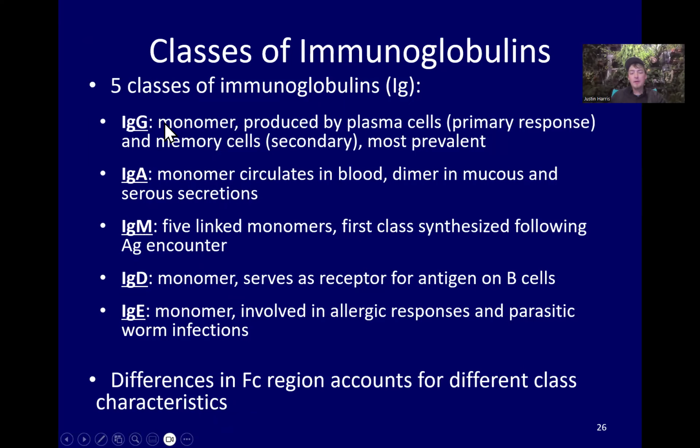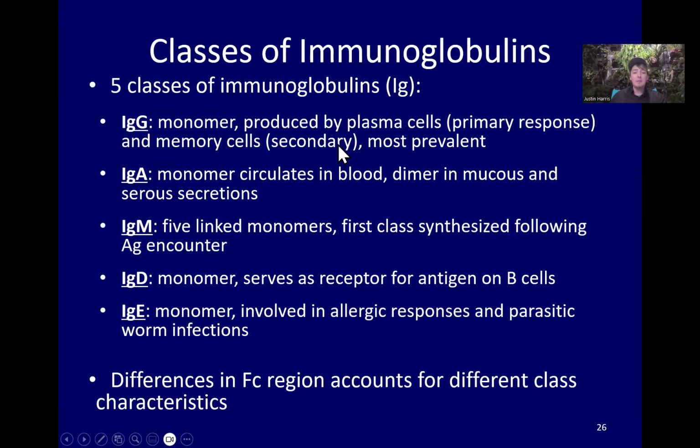We talked about how immunoglobulins have, I mentioned just a little bit that IgM is the first kind of antibody that is produced by innate naive B cells.